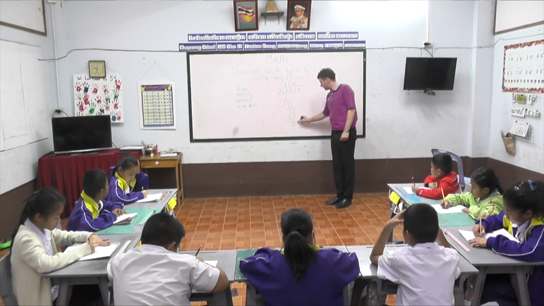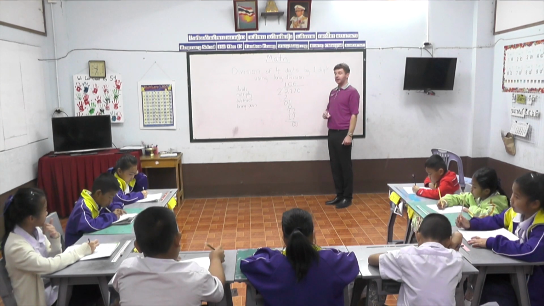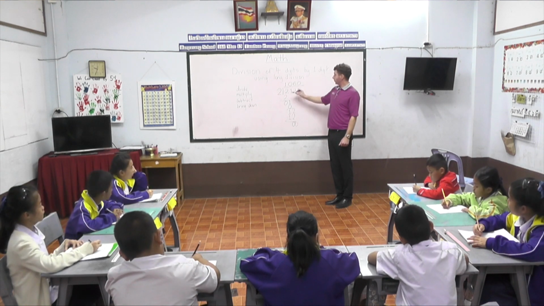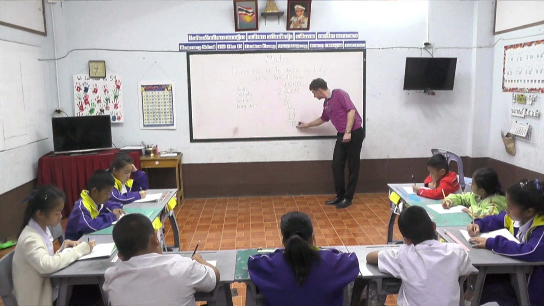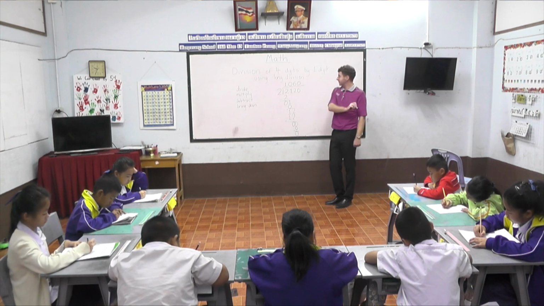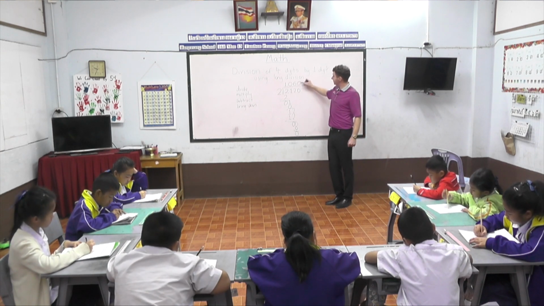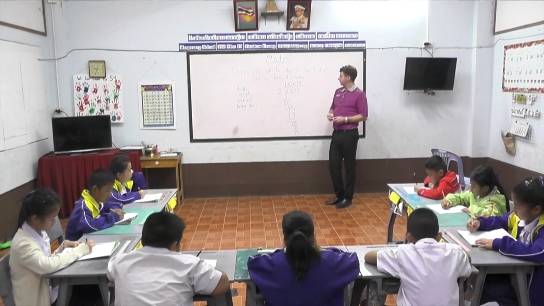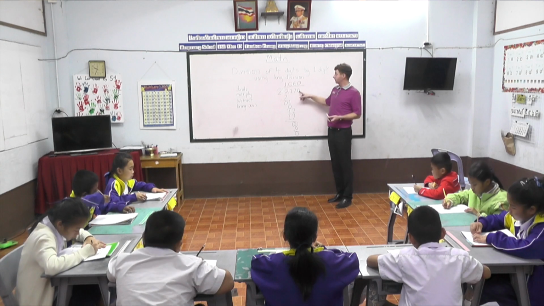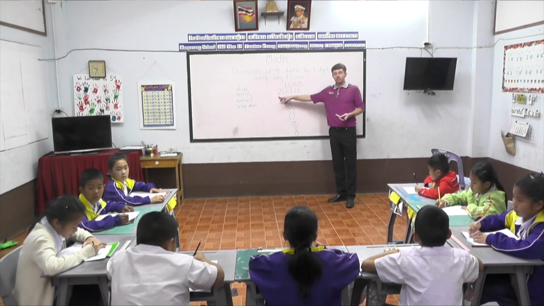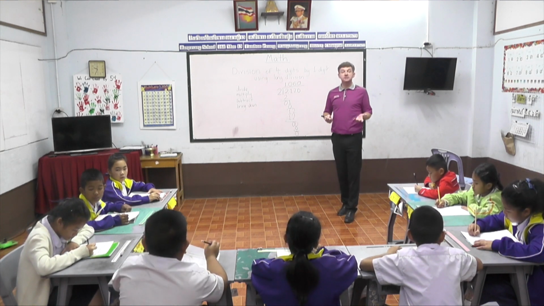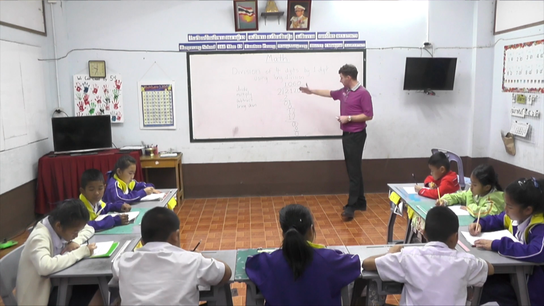Bring down 0. 0 divided by 2 equals 0. 2 times 0, 0 minus 0 equals 0. So therefore, we have our answer. 2,120 divided by 2 equals 1060 using our long division method.